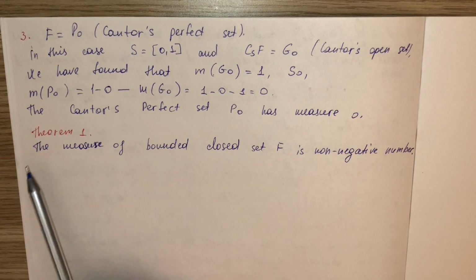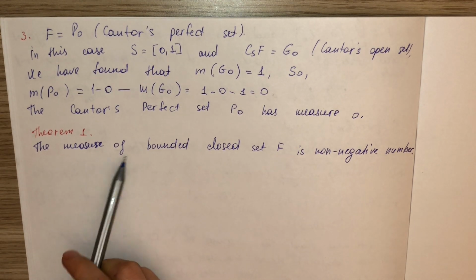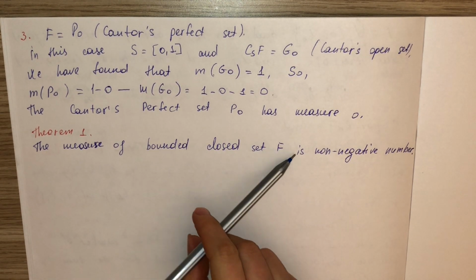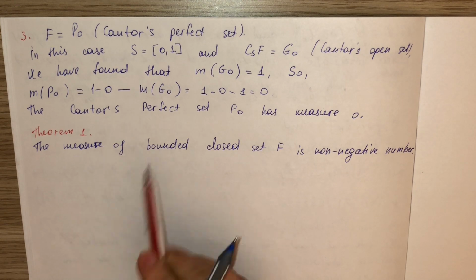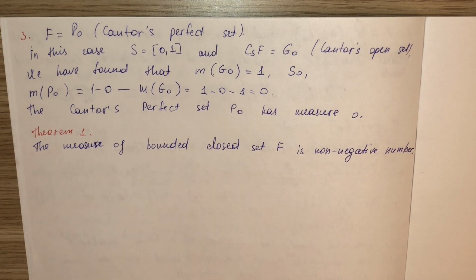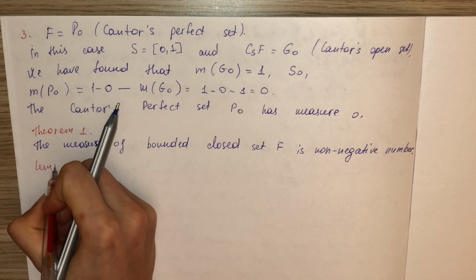This is our first theorem about bounded closed sets. The measure of a bounded closed set F is a non-negative number. Try to prove it yourself, okay? And write below in the comments if you have any questions, please. Let's write a lemma.